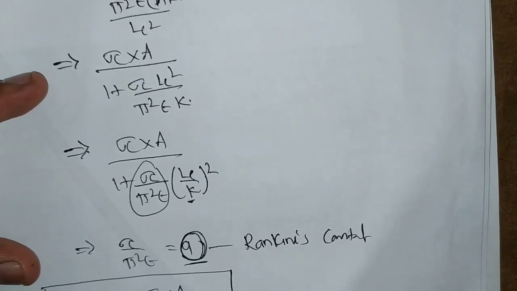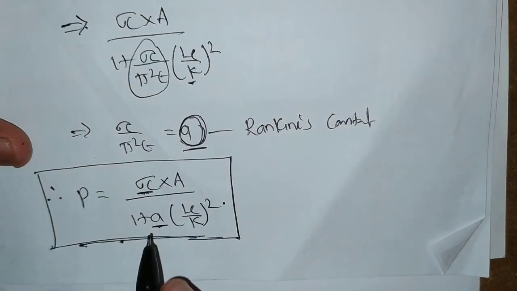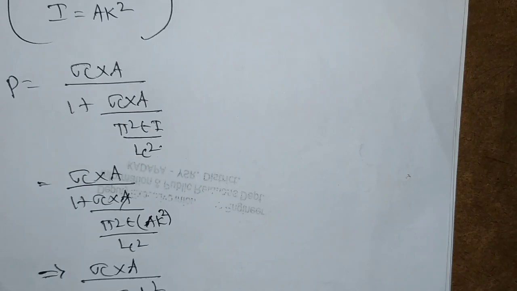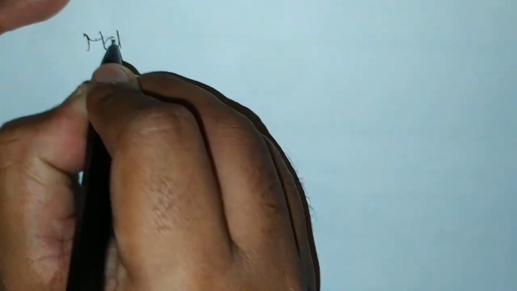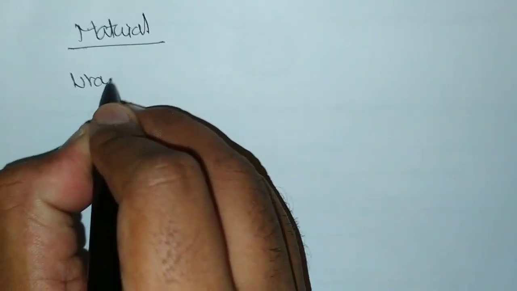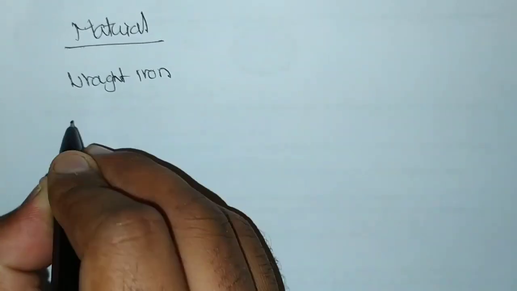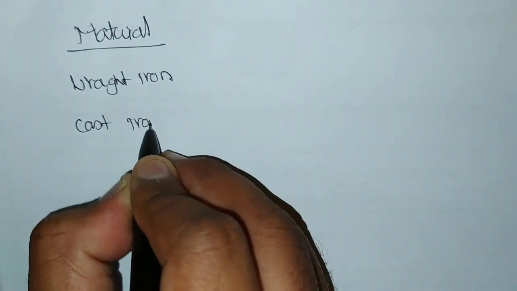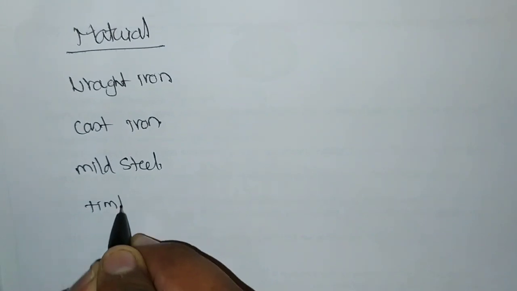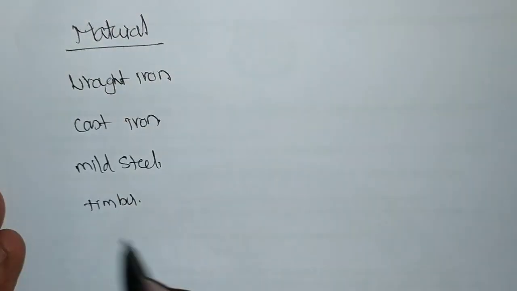We are going to have standard sigma C and a values in Rankine's formula for different types of materials, so we will see how they differ. The materials are: the first one is wrought iron, the second one is cast iron, the third one is mild steel, and the last one is timber. These are some different types of materials we are going to have.